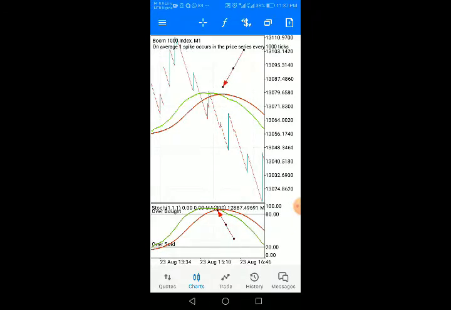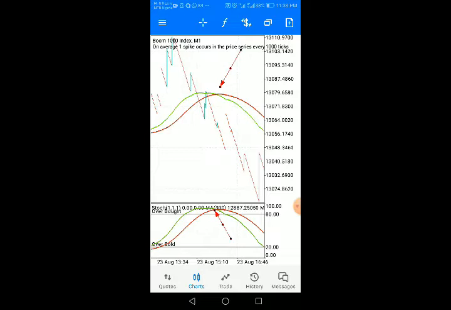After that one has been confirmed, then you look for the one on the stochastic as well. This is another place you have to pay a very good attention, because the cross on the stochastic must occur. Let's say for example this particular example is a sell market, right?